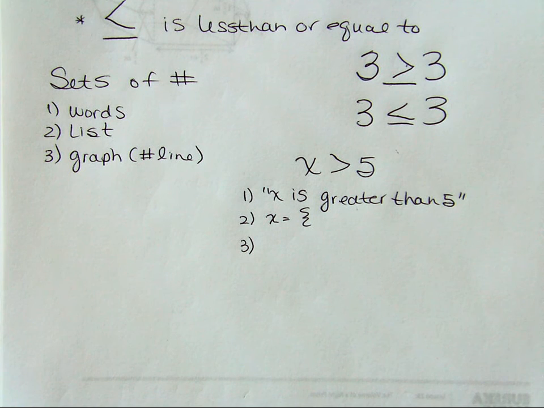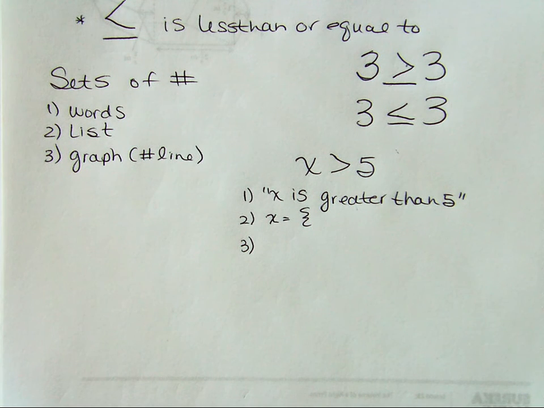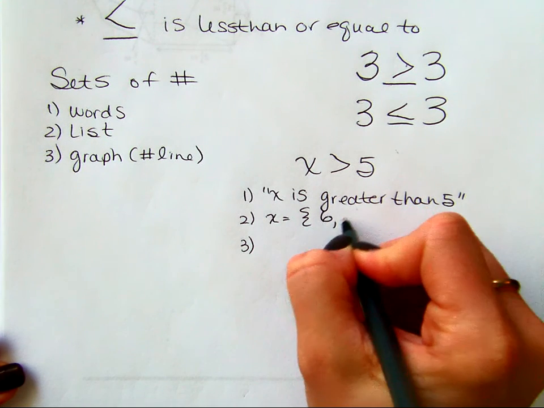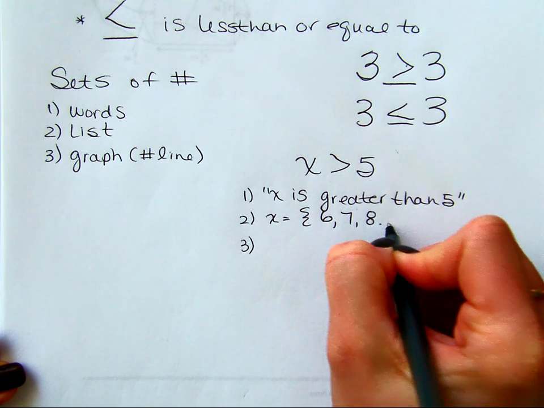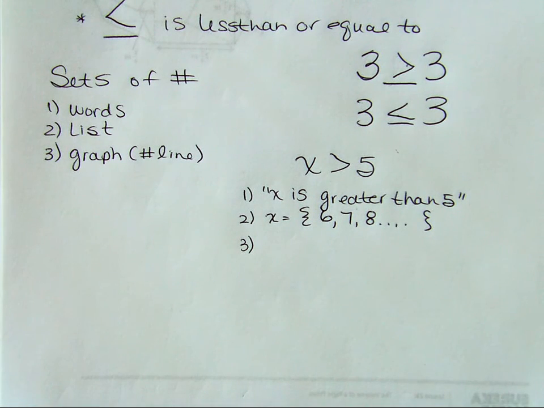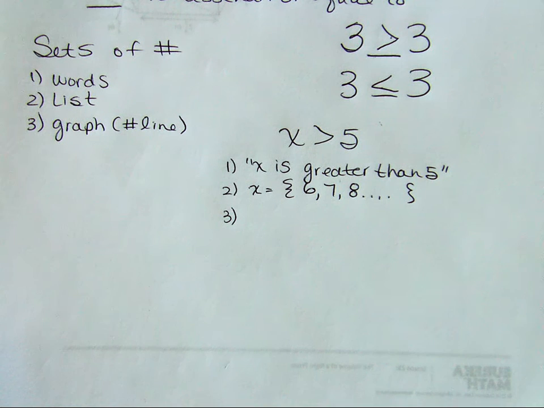And then it's kind of tricky because some people may say, well, there's a whole lot of numbers in between 5 and 6, right? So it's kind of weird because we start at 6 and we say 6, 7, 8, ... because the ... means it goes on and on and on forever in the right-hand direction. A number line never ends, right? It goes on for an infinite amount, which is a really hard concept to grasp or put your mind around.